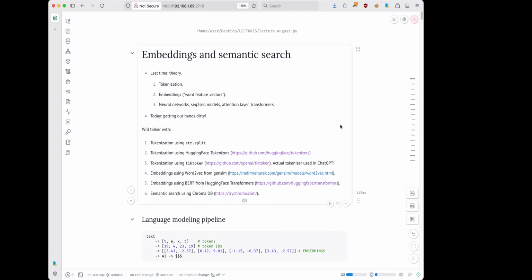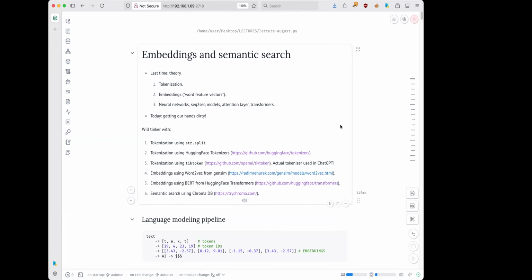So last time we talked about theory. We saw that usually the way language models work is first we pre-process our text. In particular, we can, for example, tokenize it into tiny bits of language, into tokens. Next, we convert each token into an embedding somehow.